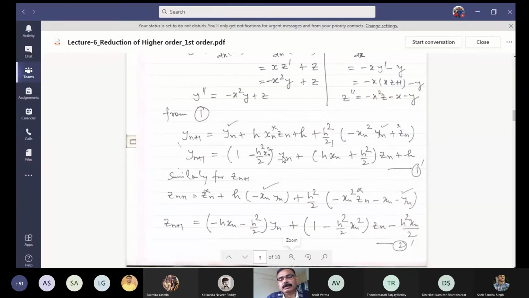So this is 1 into y naught, whose value is known, and h into x naught is gone, so h square by 2 only into z naught, and then plus your h. Calculate this quickly. Write down the value of y naught as 0, z naught as 1. It is mentioned in the beginning, so I am just telling you. y naught is 0, z naught is 1.